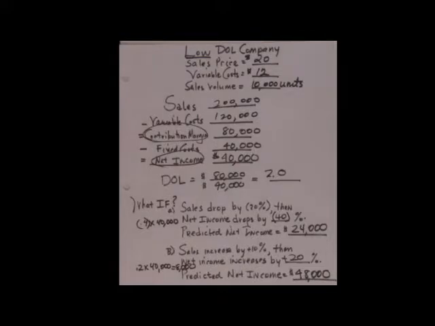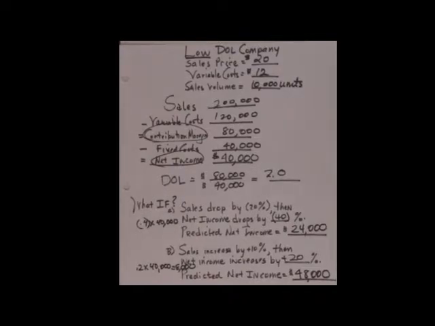If the sales drop by 20%, net income will drop by 40%. So 40% again times 40,000 is 16,000 would be the drop. And 16,000 taken away from the 40 leaves us with a predicted income of 24,000.